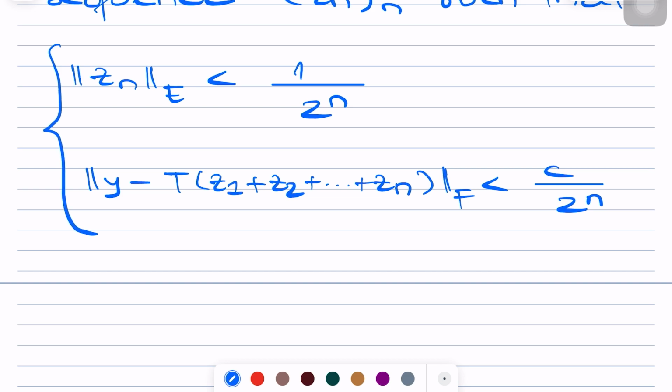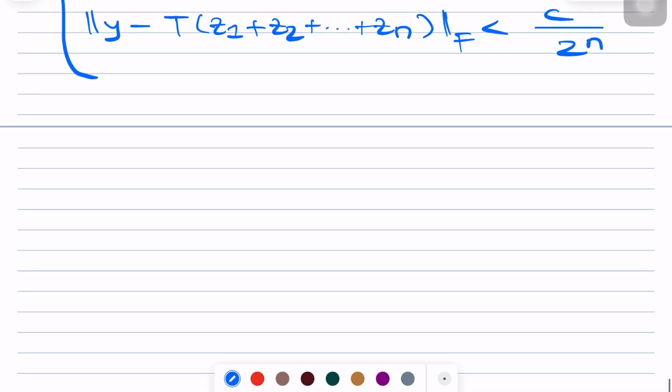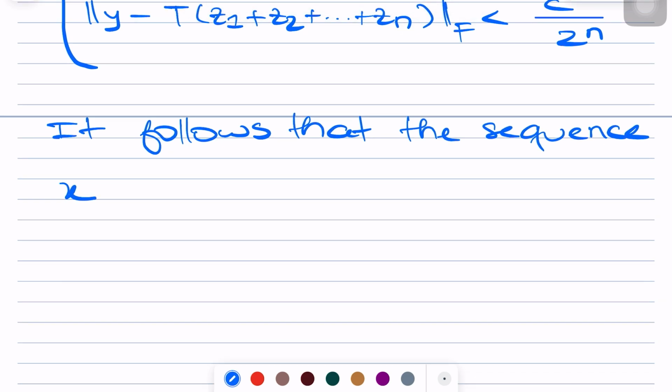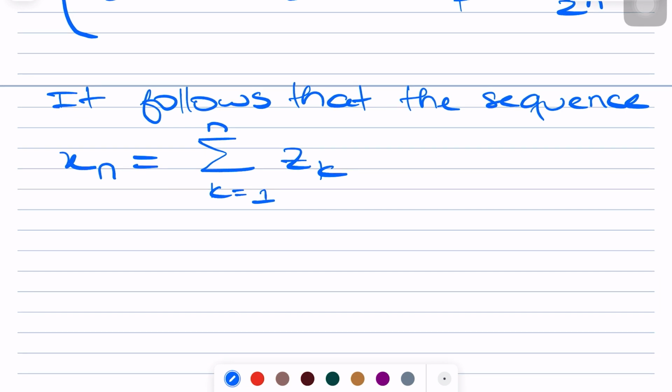So it follows that the sequence of general term xn equals the summation of zk, k moving from 1 to n, is a Cauchy sequence.